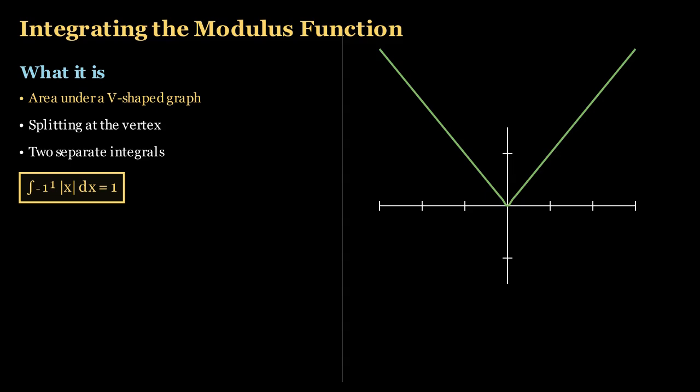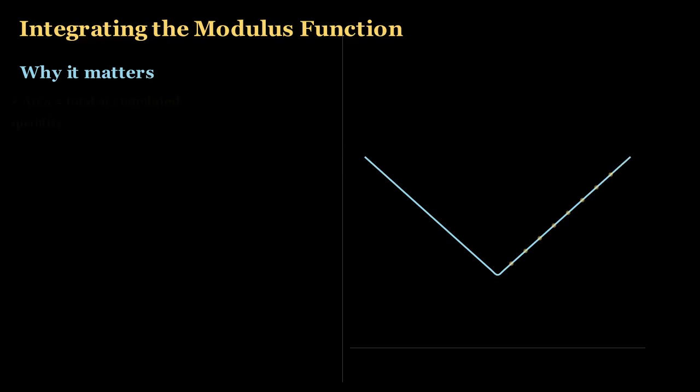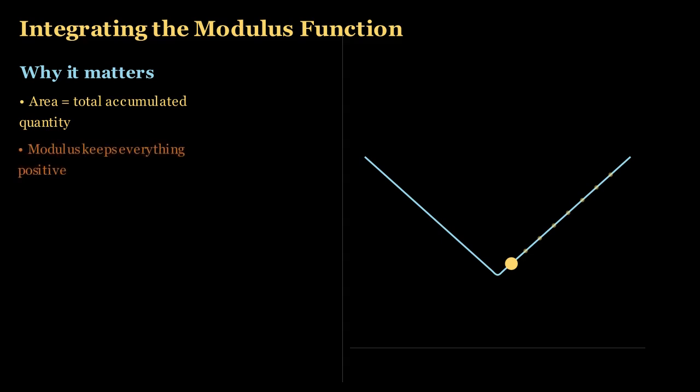Why do we even care about the area under a v-shape? Because in calculus, an integral often represents a total accumulated quantity, like total distance traveled. Speed is always non-negative, just like the absolute value makes things non-negative. If you walk away from your house and then back toward it, your velocity changes sign, but the distance you cover keeps adding up.